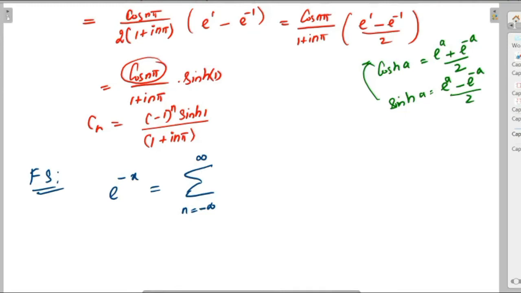Instead of Cn, I'm going to apply this value, (−1)^n sinh 1 divided by 1 + inπ, into e^(inπx). So this is the result.